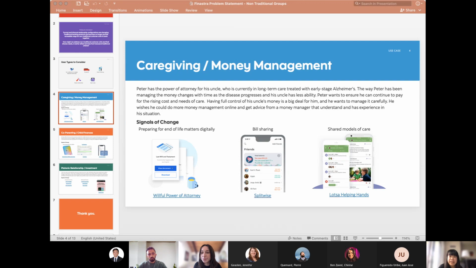Yeah, I think what's interesting here, and again, specific to this example, is when it's not a full transition from one person to the other just yet. In this case, Peter has power of attorney for his uncle. His uncle is in early stage Alzheimer's. He hasn't completely lost his ability to make decisions, to take care of himself, and they're starting to share that responsibility.